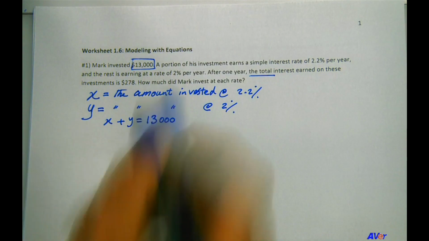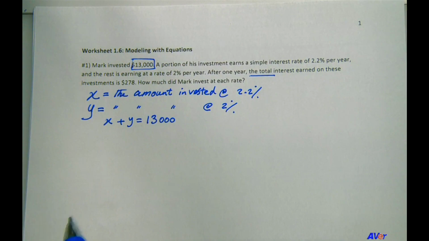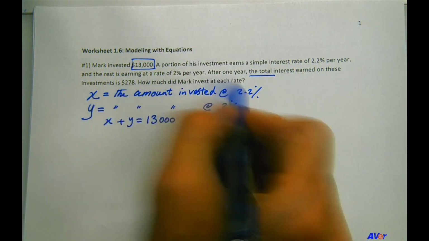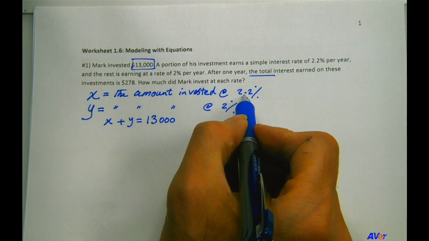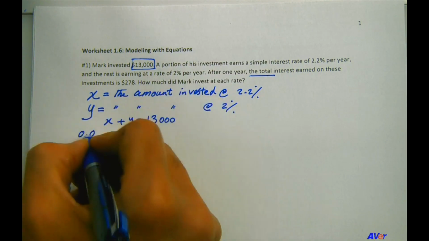So I need to make sure that information is translated into symbolic form. Okay, so the X variable was earning this much interest, right? So let's write it down. Or let's translate that.